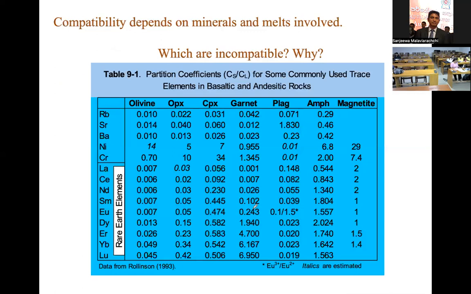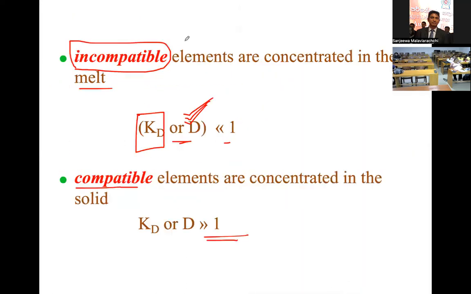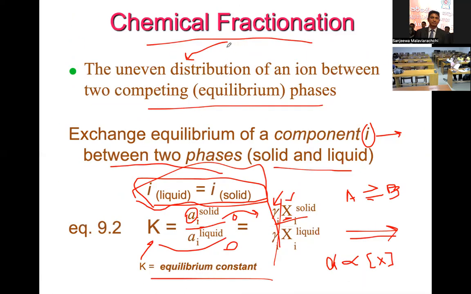Okay, so another aspect that we need to consider is the factors that determine the compatibility, right? So always we mentioned that there are chemical fractionations of elements, right? So what are the factors, or what determines these elements to fractionate into different phases in variable amounts?